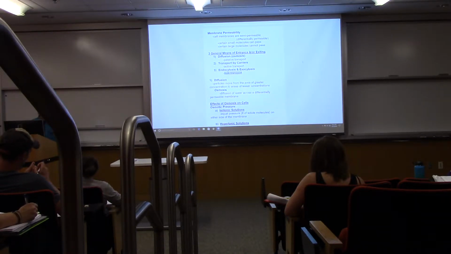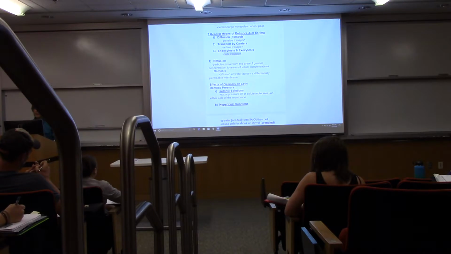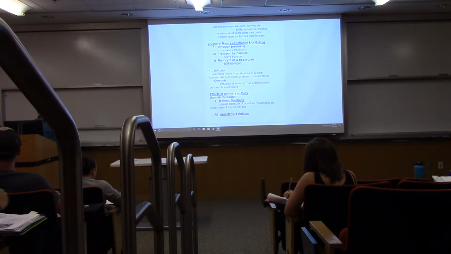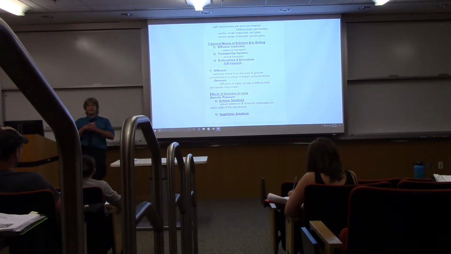Mass quantities of material exiting and/or entering the cell. If it's exiting the cell, it would be known as exocytosis. If it's entering the cell, it would be referred to as endocytosis.